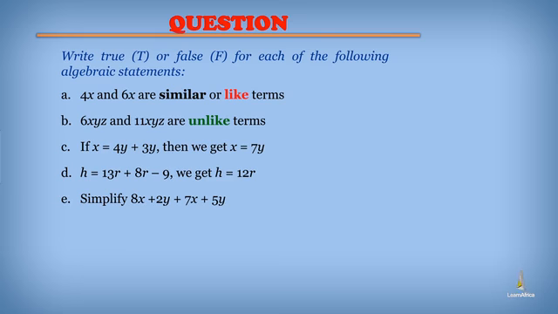C, we have if x equal to 4y plus 3y, then we get x equal to 7y. D, we have h equal to 13r plus 8r minus 9. We get h equals to 12r. And lastly, for E, you don't have to write true or false.